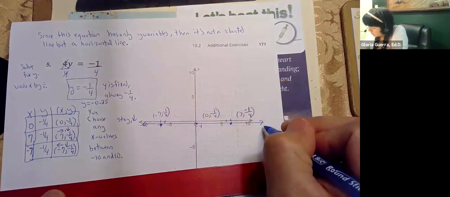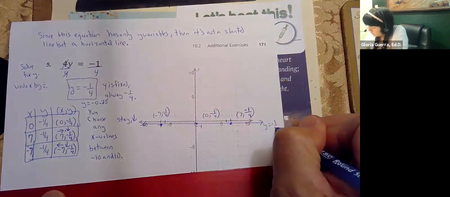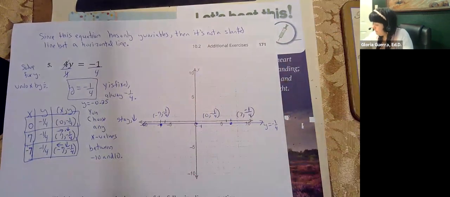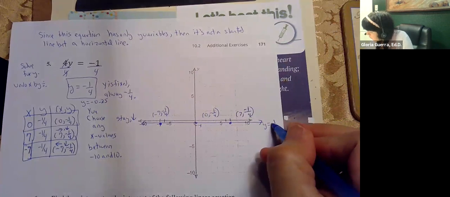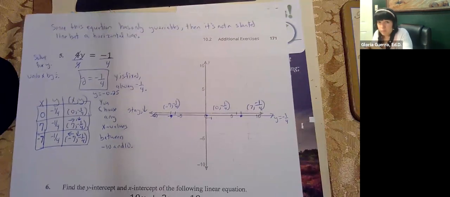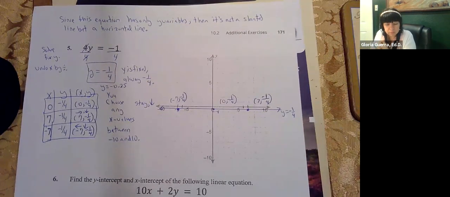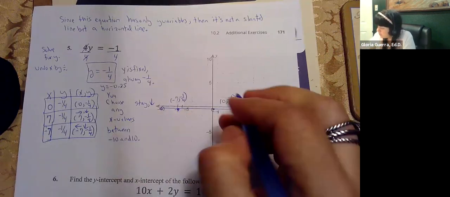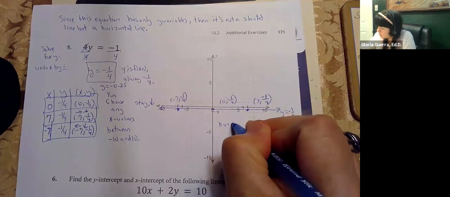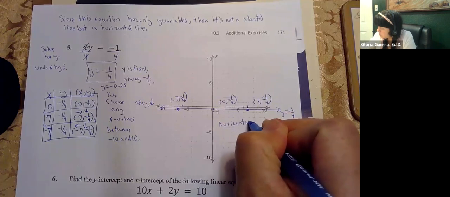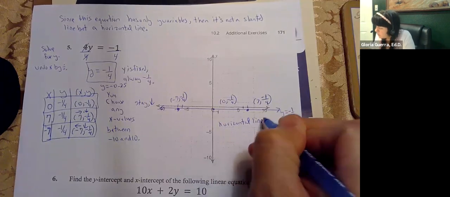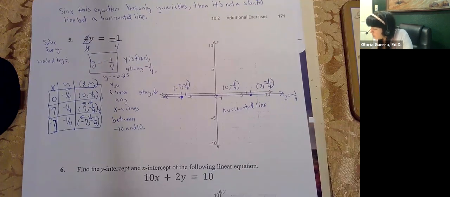This is y is equal to -1/4. Okay, so that's a horizontal line. It does have a y-intercept.